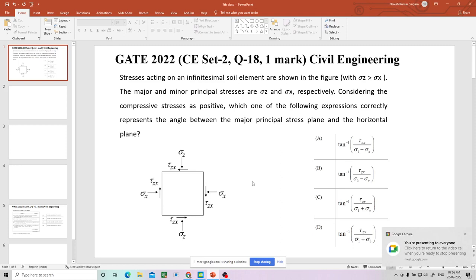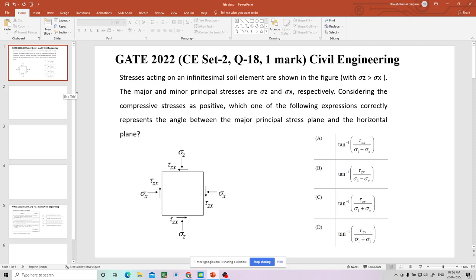This is the question from set 2 of the GATE 2022 civil engineering paper. So let's go through the question first. Stresses acting on an infinitesimal soil element are shown in the figure, where sigma z is greater than sigma x.